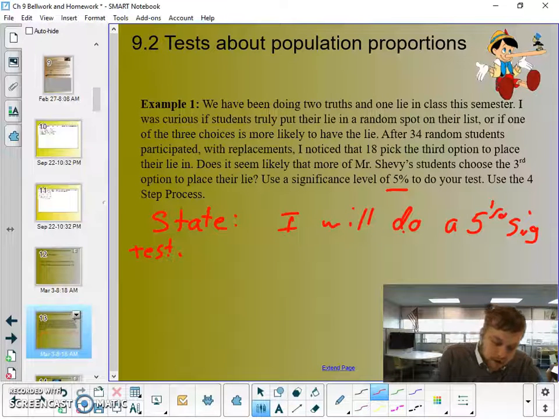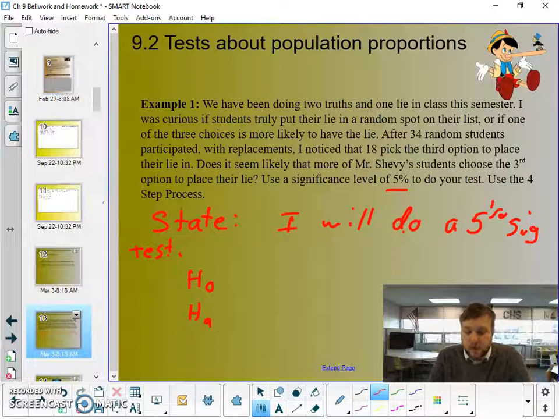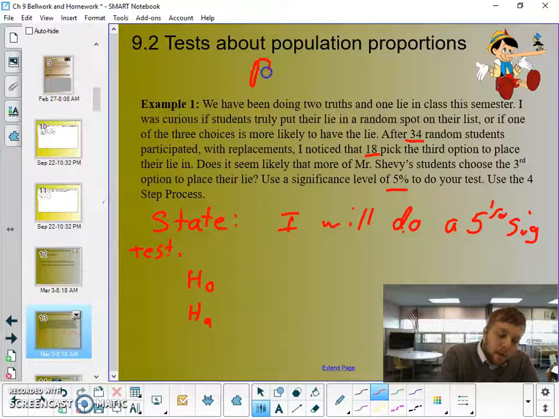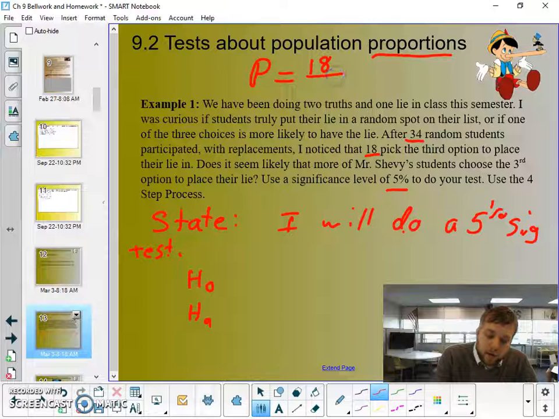Now, we also put in the statement our H0 and our HA. In this one, we've got to realize that I took 34 people and 18 put it on the last. So that is a probability, correct? A probability problem. And notice we're only doing proportions here, 18 out of 34.